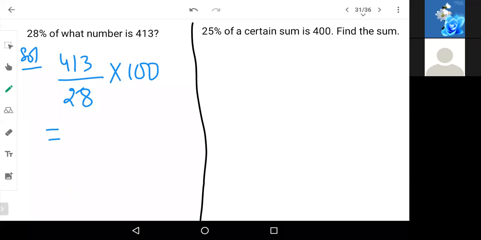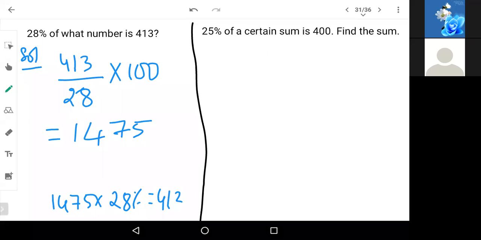Can you tell me what is the amount you get? 1475. So 1475 is the main number, and 28% of 1475 is 413. You can check 1475 into 28%. If you calculate, you should get 413.